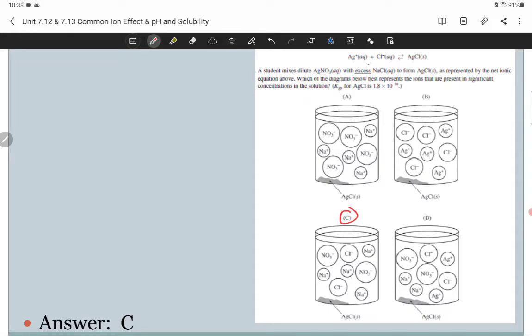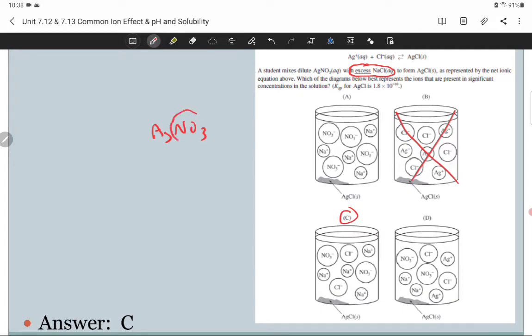We have excess NaCl. So there better be Na positives and Cl minuses in the beaker. This one here doesn't have any Na pluses, so we've already eliminated one just by looking. It says excess. And then what else? We have AgNO3.